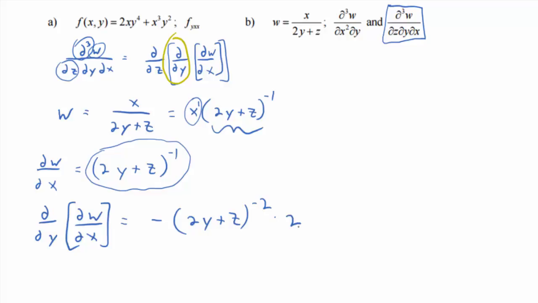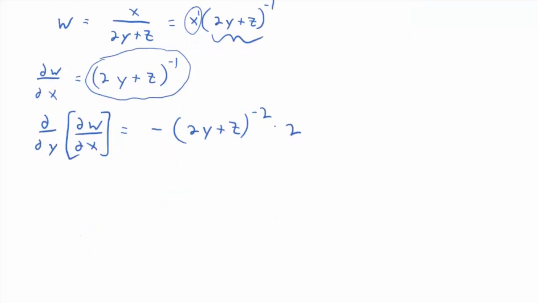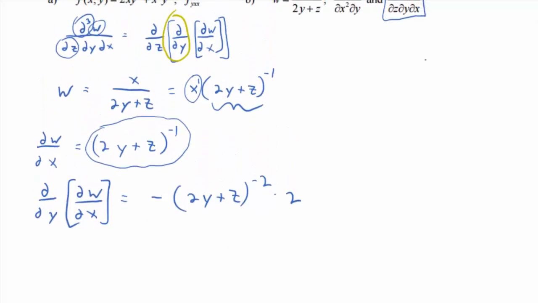Everybody believe that? Okay. And then we're going to take the derivative of that with respect to z. Does that make sense? Okay. So then we're going to do d dz of what we just found. Whoops, that should be x.